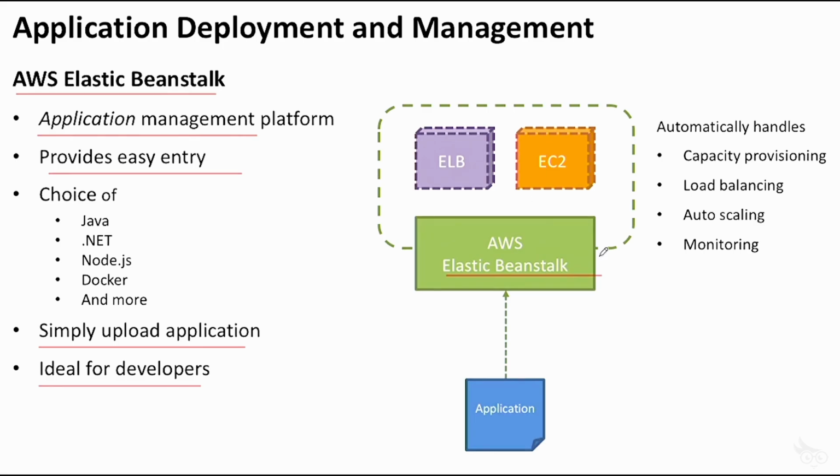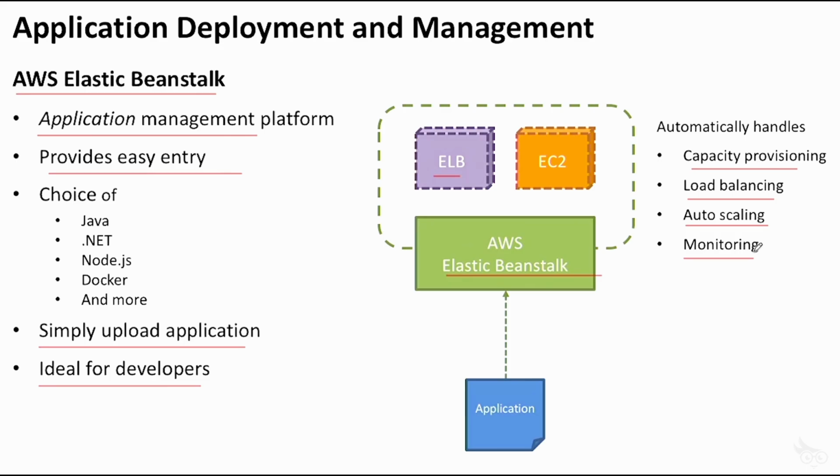So when we upload our application, we can choose to have it load balanced, in which case Elastic Beanstalk will create the ELB and manage that for us. If we want our application to be auto-scaled, which we'll talk more about later, we can choose that as well. Elastic Beanstalk handles capacity provisioning and monitoring all automatically in the background for us. There's really no degree of infrastructure management that we have to worry about.